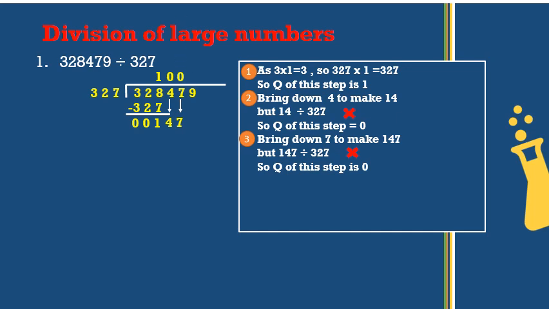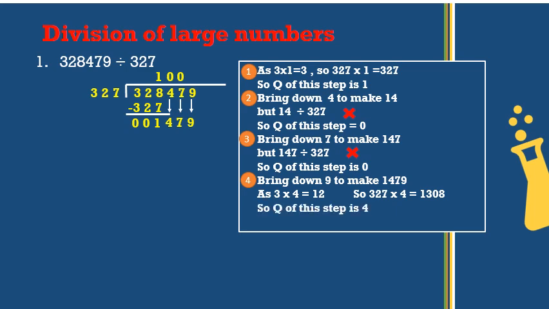Now children, in the next step, we will bring down 9 to make 1479. Now children, this number is greater than 327. So we can divide 1479 by 327. As we know that 3 multiplied by 4 is equal to 12, so we will multiply 327 by 4 to get 1308.